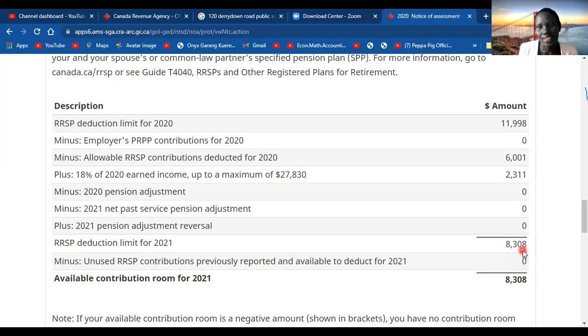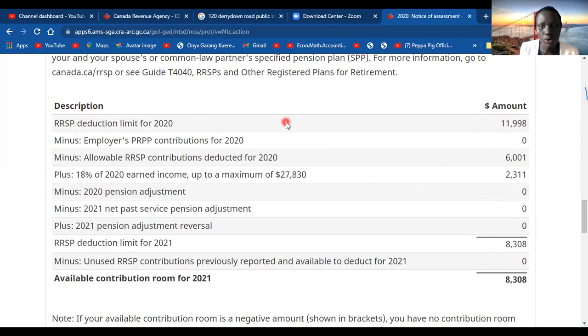And then next year, they will calculate different things for 2022. So this is how they do it. It's just simple. You don't have to calculate it yourself. You can click on your notice of assessment and check it out by coming down here to the description and the amount.